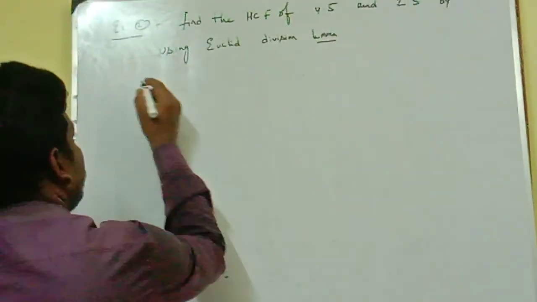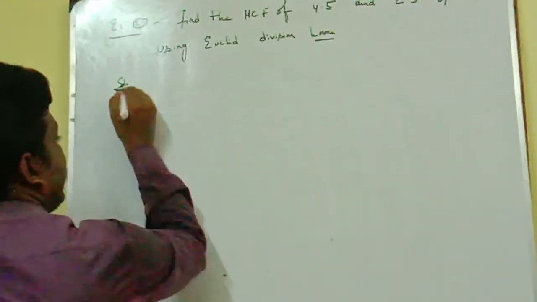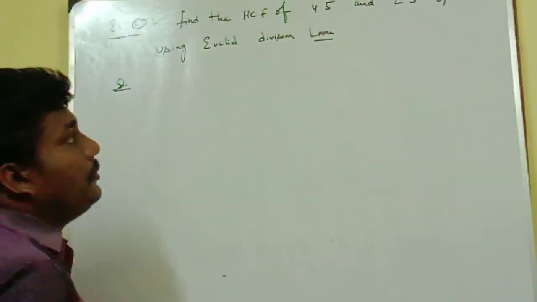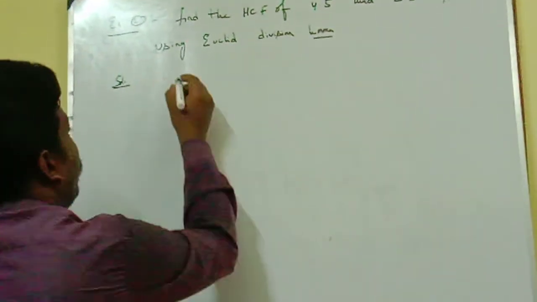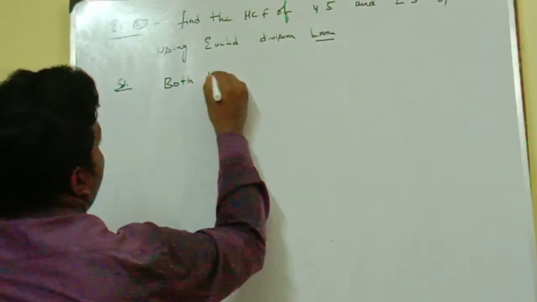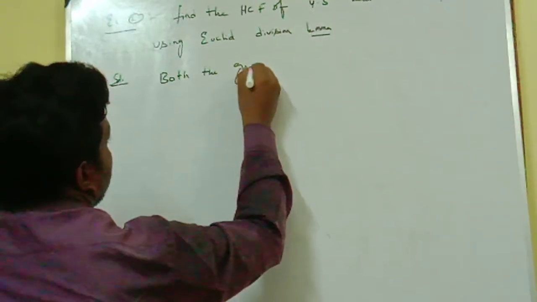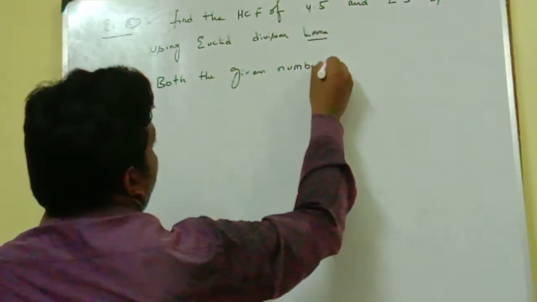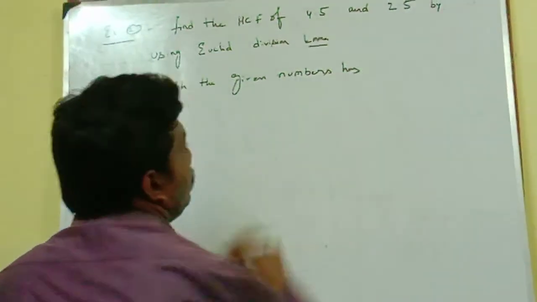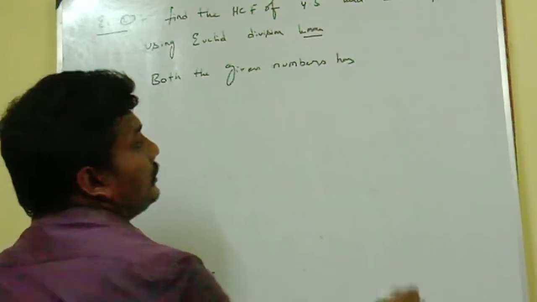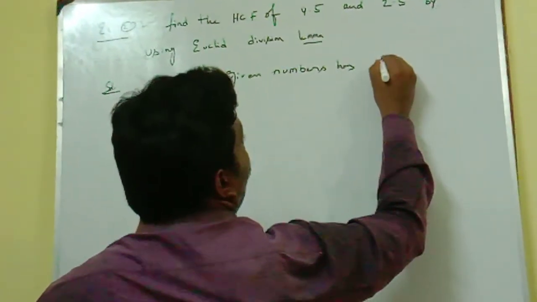In this problem, first we are going to remove the decimal point. Both the given numbers have the same number of digits after the decimal point, only one digit.